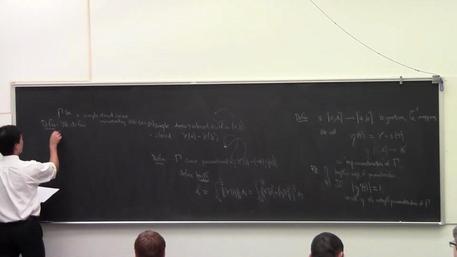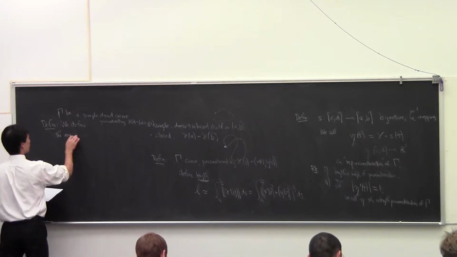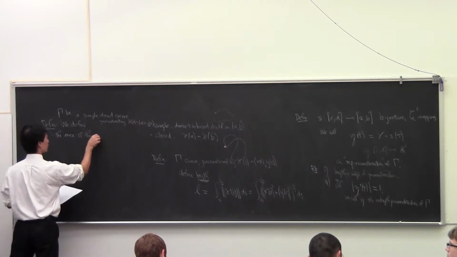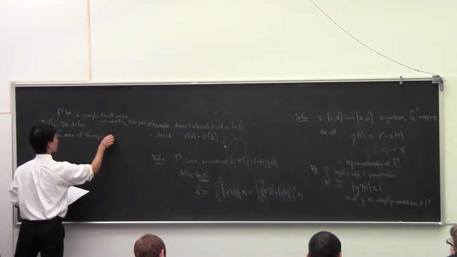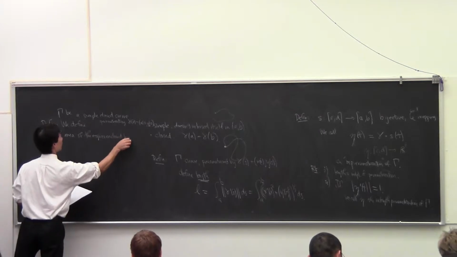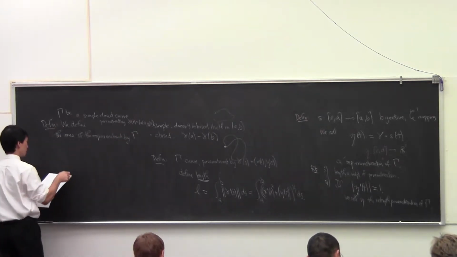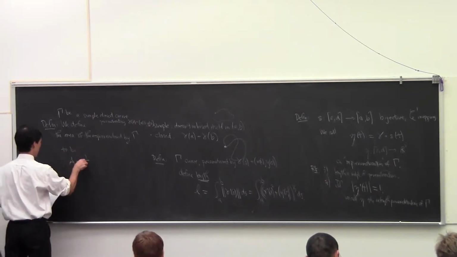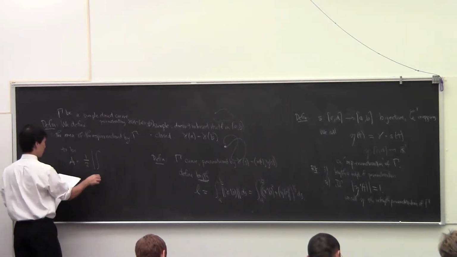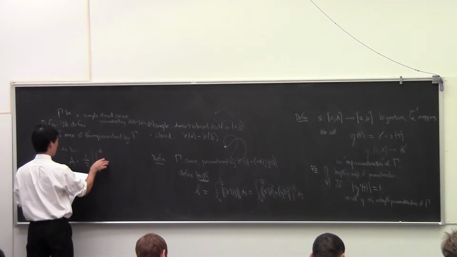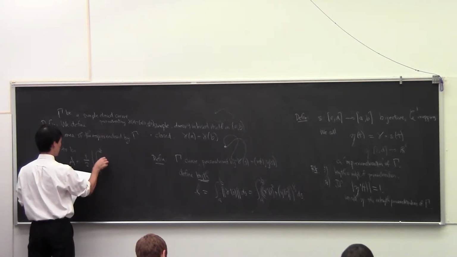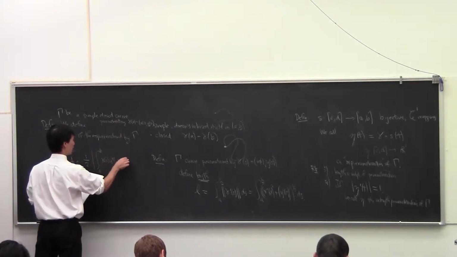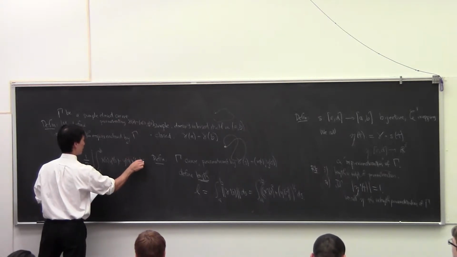We define the area of the region enclosed by big gamma to be 1/2 the integral from a to b of (x y prime minus y x prime) ds.